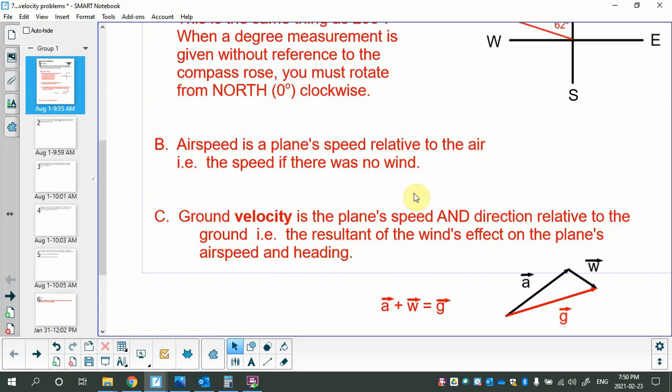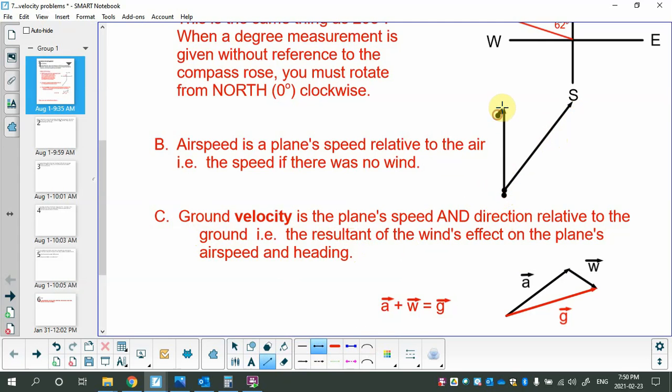So basically, the plane decides that it wants to fly in this direction, but there's a wind, so it's got to actually go in this direction, so the wind veers them off course, or I guess on course. So the mathematical formula for that is airspeed plus wind speed equals ground speed. And I've got that here, and the way I look at it is OG, which seems a bit ridiculous.